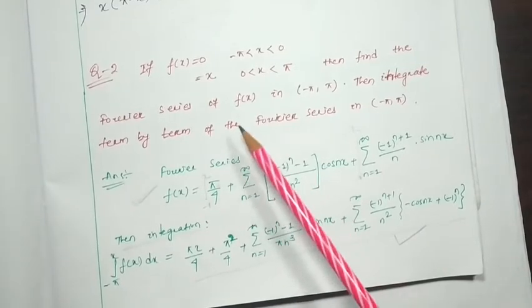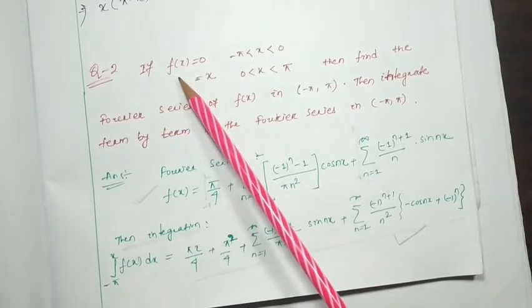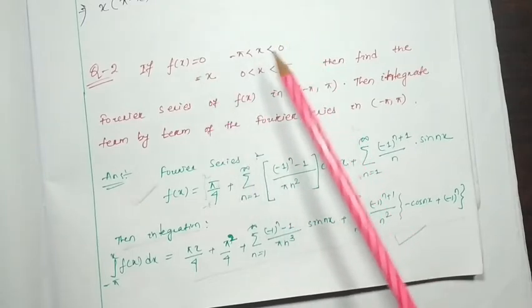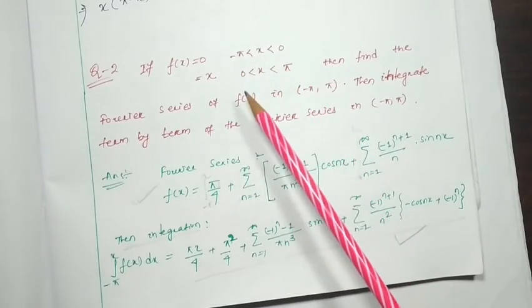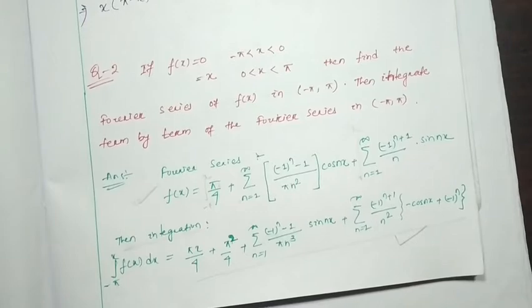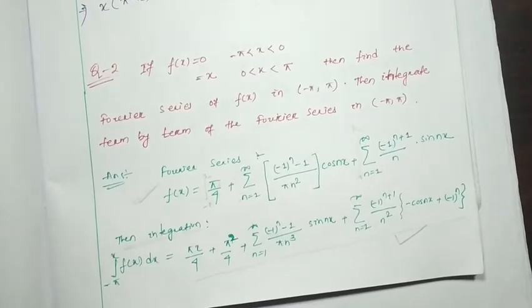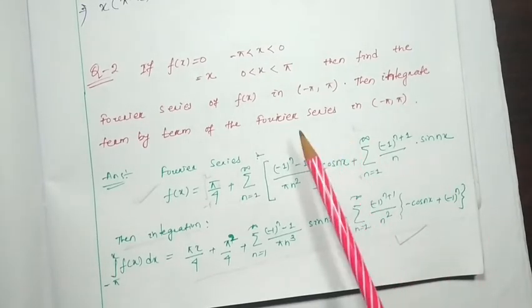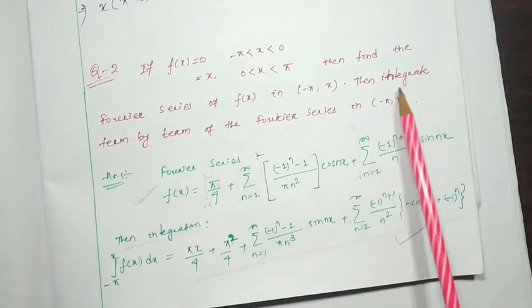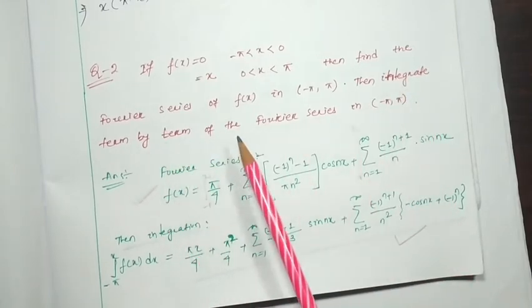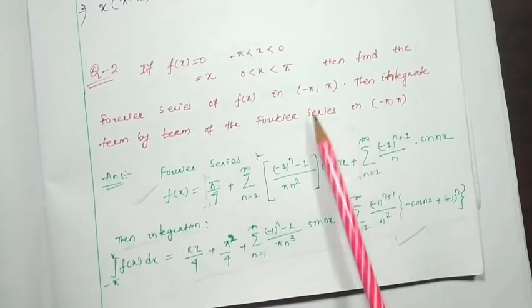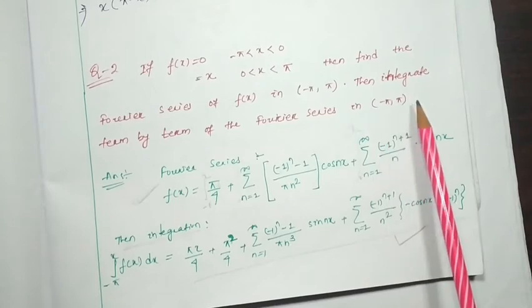The last class question was: if the function f(x) is equal to 0 between minus pi to 0 and x between 0 to pi, then find the Fourier series of f(x) in minus pi to pi, then integrate term by term the Fourier series in the range minus pi to pi.